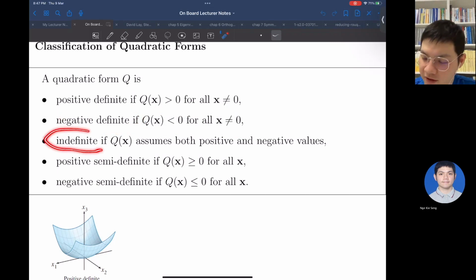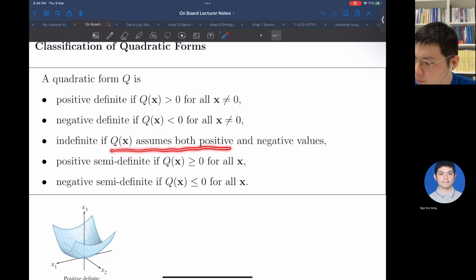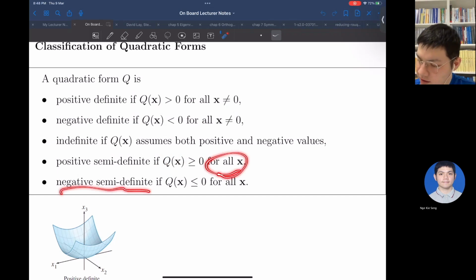We call it indefinite if Q(x) assumes both positive and negative values. And we call it positive semi-definite if Q(x) is greater than or equal to 0 for all x, and negative semi-definite if Q(x) is less than or equal to 0 for all x.